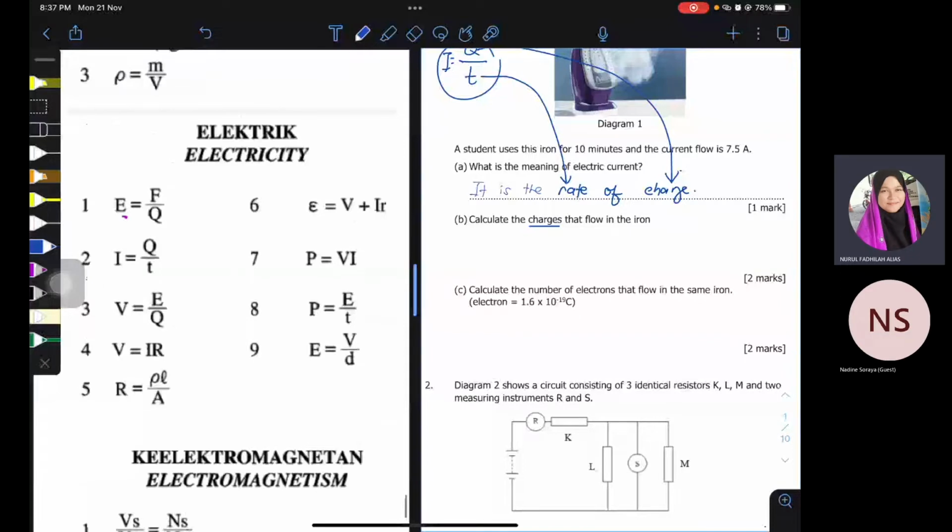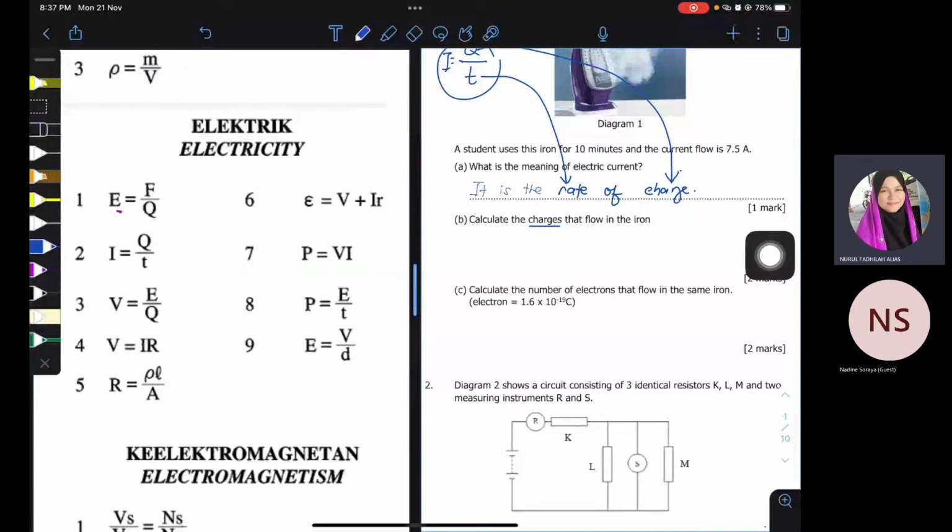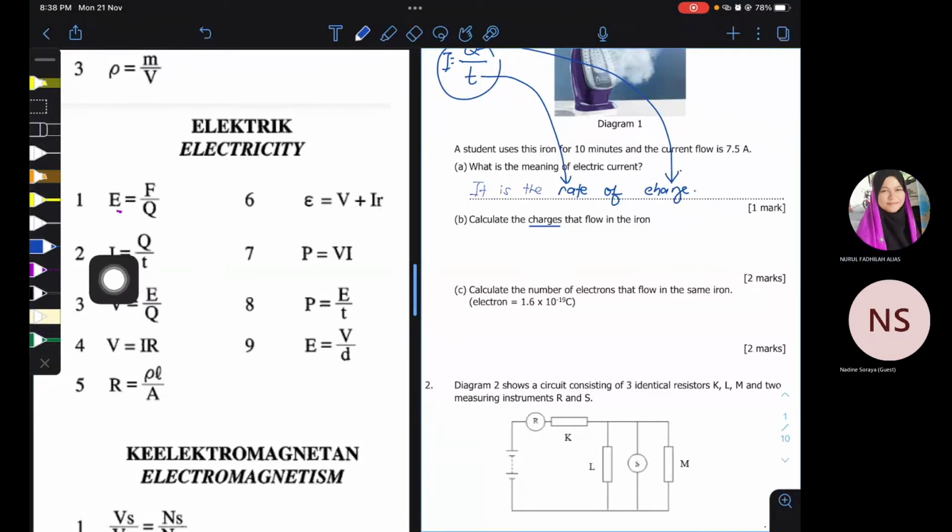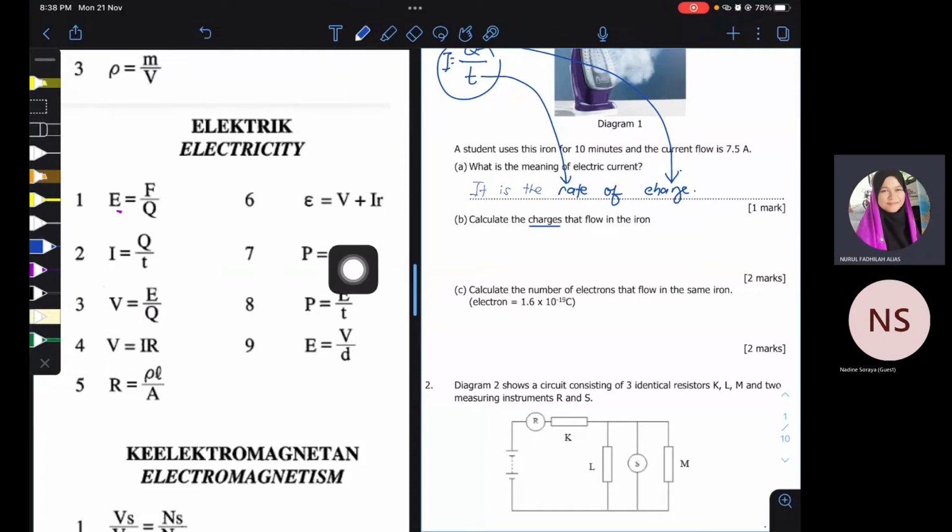First you should know the unit for charge. What's the unit for charge? What's the symbol for charge? What's the formula? We can use the formula we wrote earlier, related to this question.